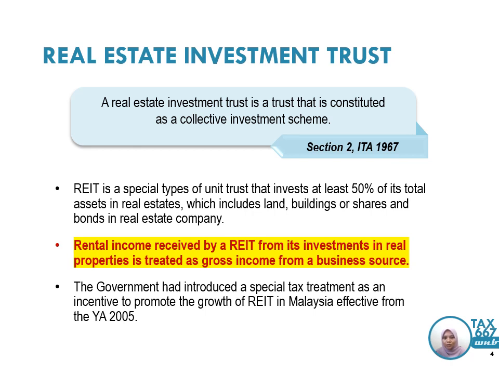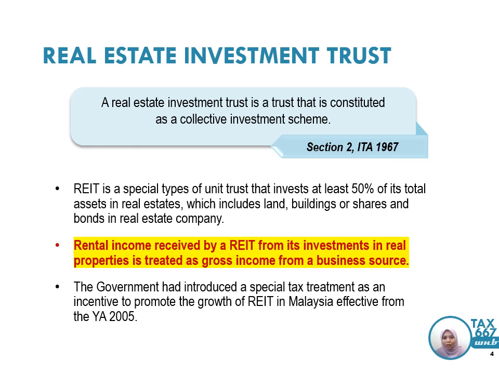So, untuk REITs, perbezaan yang pertama, rental income received by REITs will be treated as business income. So, kita akan letak bawah section 4A, bukan 4D macam ordinary business yang biasa. Alright, so the government had introduced special tax treatment to promote the growth of REITs.